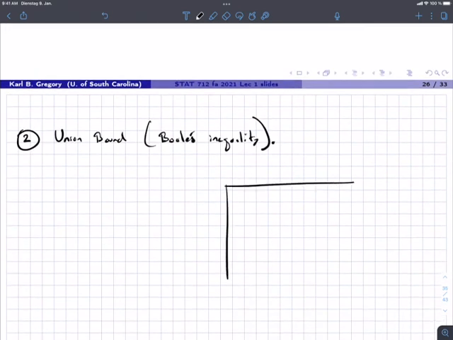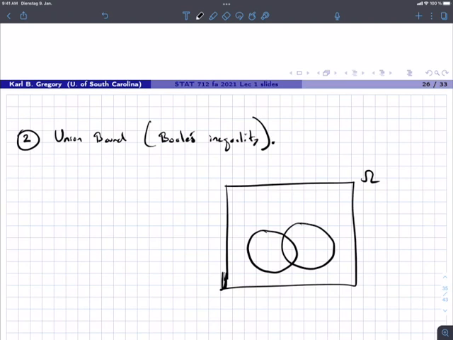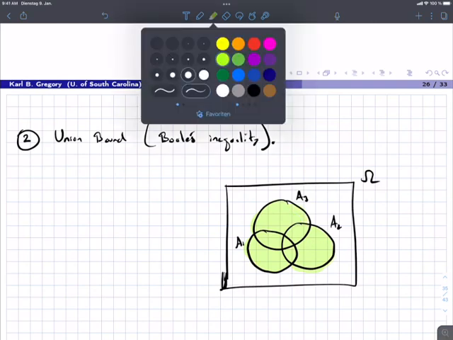We can understand it intuitively by drawing a picture. Let's say I've got some sets like this, I don't know, A1, A2, A3. The probability of the union I can represent as this shaded area.